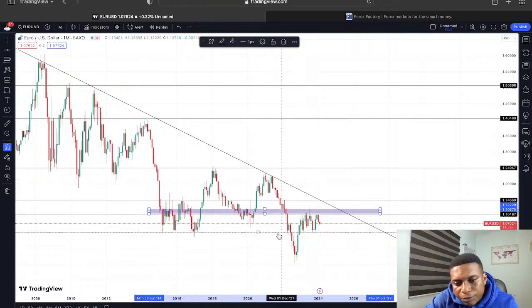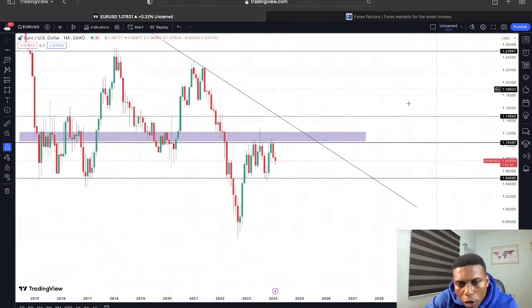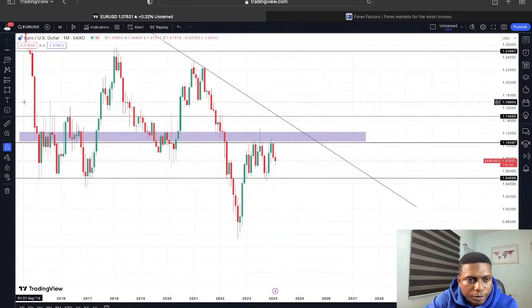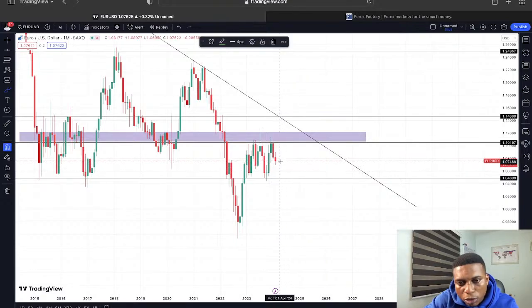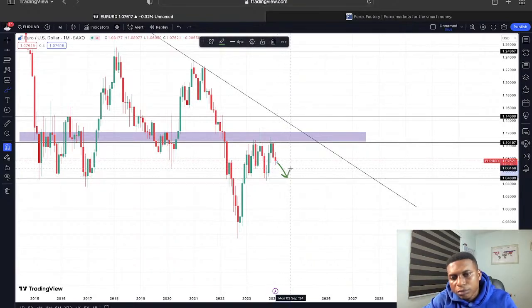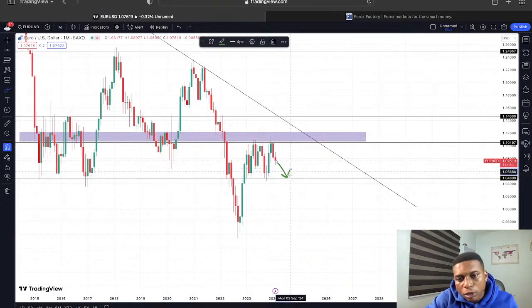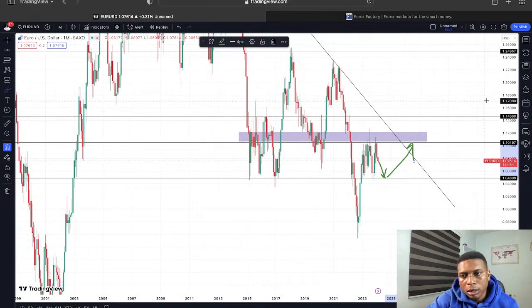So definitely from the higher time frame, there's a higher probability that we'll be seeing price coming to touch this level before pushing back up, based on what we can see here in the monthly time frame.